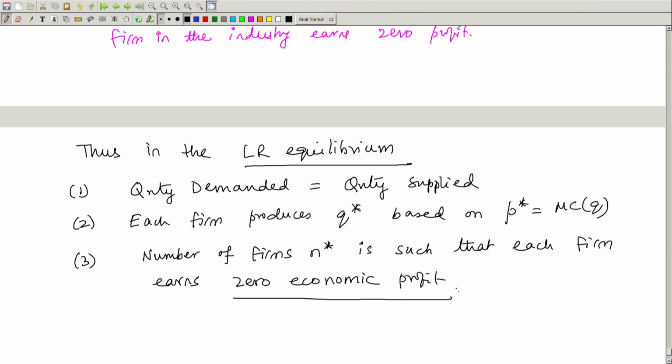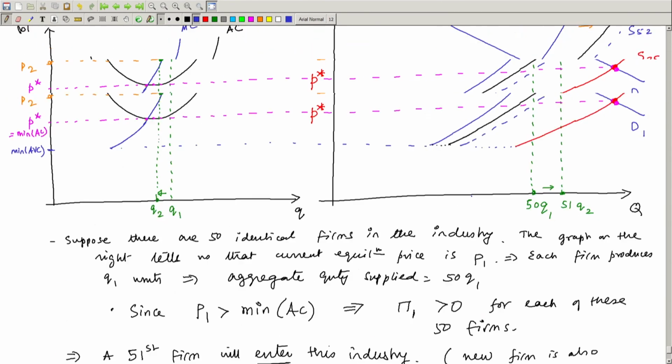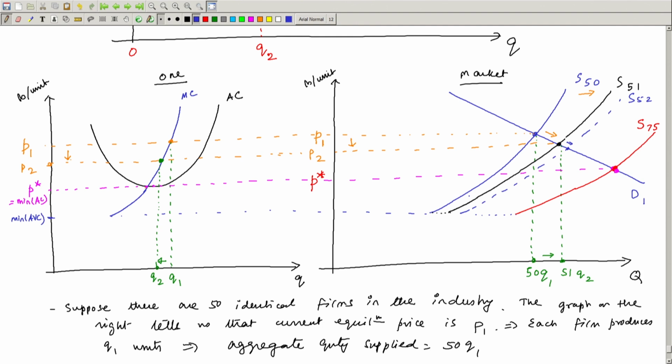So, the key part of the long run is that firms will keep on entering till each of the firms is making 0 economic profit. So, in our previous example, we started with 50 firms. Firms kept on entering the industry because the existing firms were making positive profit, and eventually it stabilized at a point where 75 firms had entered the industry, right.